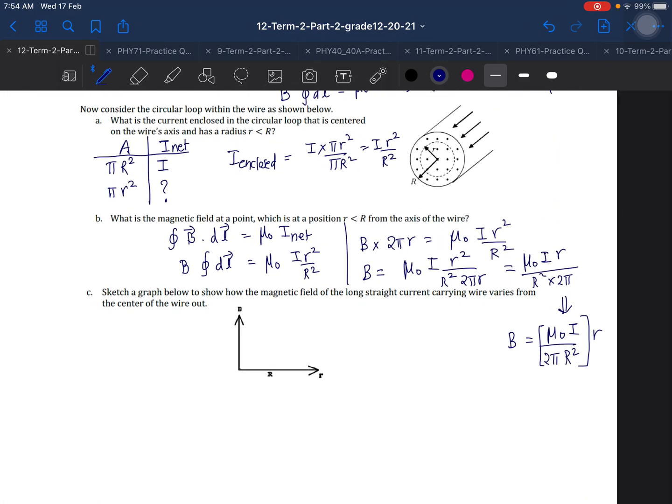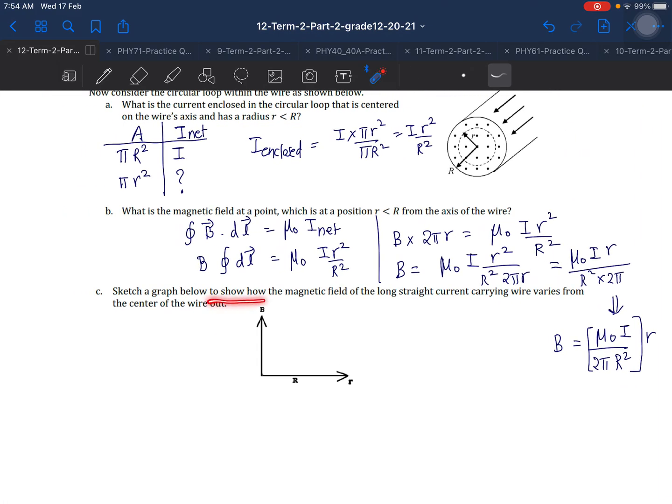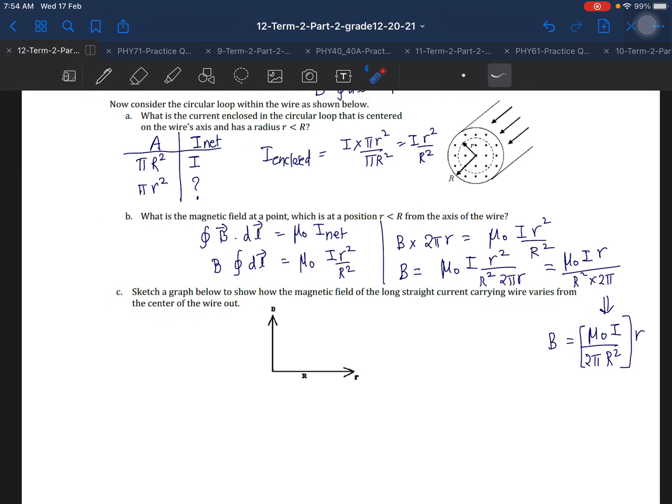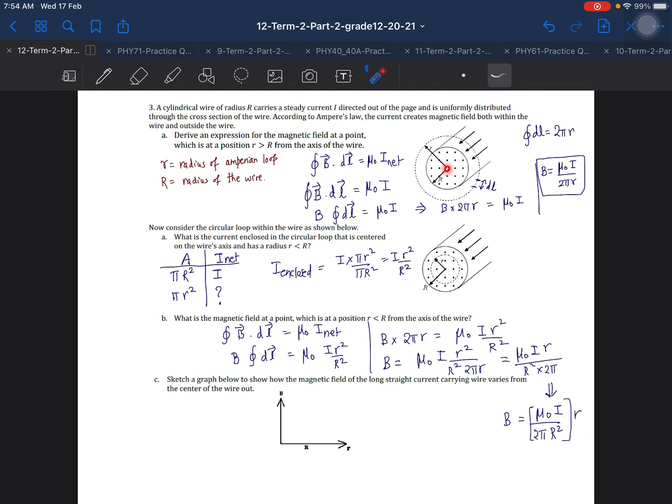Okay, now next is asking us to sketch a graph to show how magnetic field varies from the center of the wire out. That means from the center of the wire as you move out, how is the magnetic field going to change? So when you are inside the wire, we have to use the expression which we got just now for r less than R. When you are outside the wire, we have to use the expression which we got here for the first part.